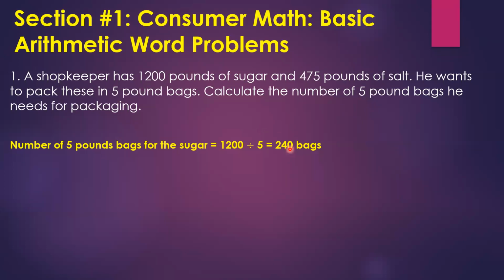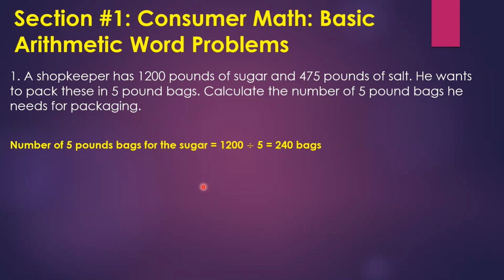Now what's the next step? We already know how many 5-pound bags of sugar we could get. What can we do? Calculate the number of 5-pound bags you need for the packaging. What else do we need to figure out? Do we figure out how many 5-pound bags of salt he could get?